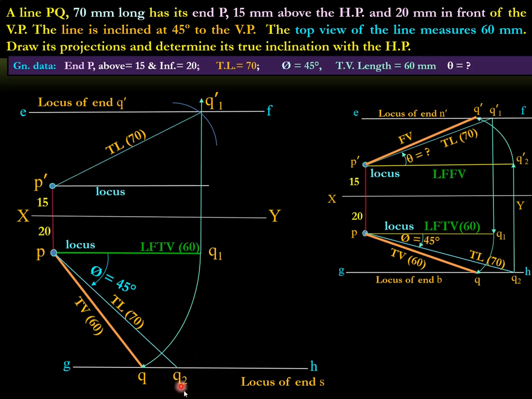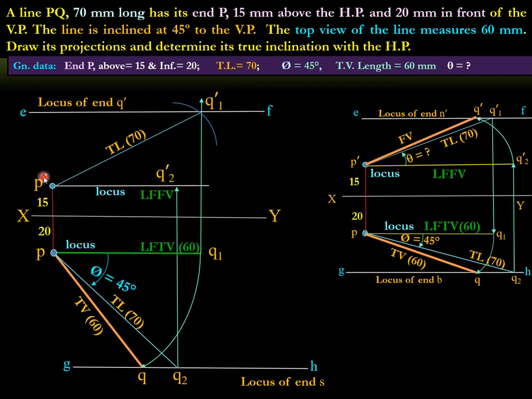Next, draw a vertical straight line from the endpoint q2 in the upward direction and make it intersect with the locus line which comes from the front view point p dash. Name the point of intersection as q2 dash. Now the length p dash q2 dash will give us the length of the final front view.